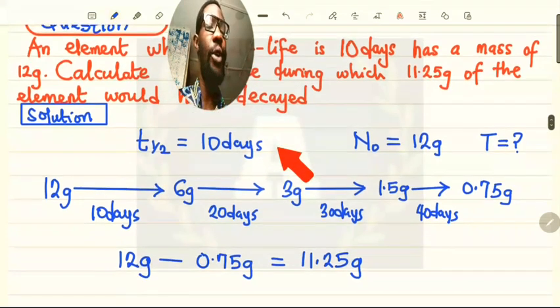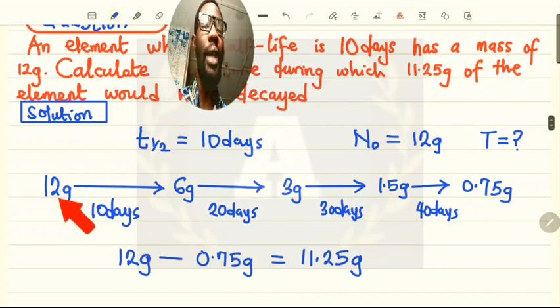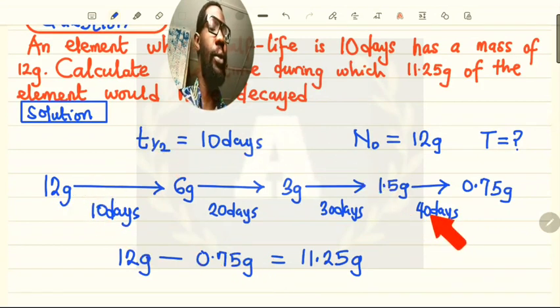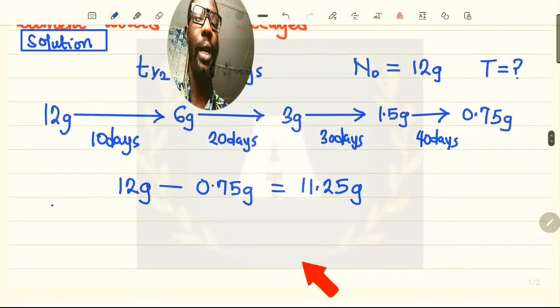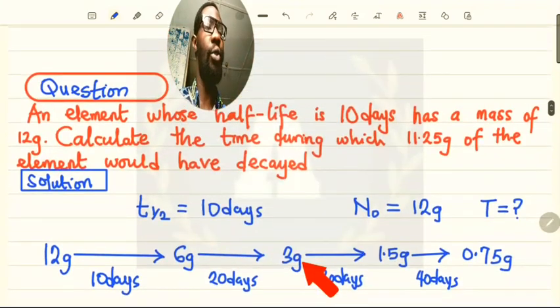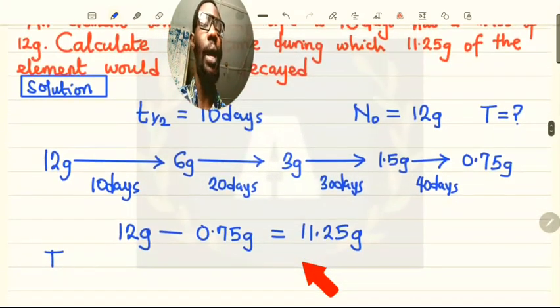So 11.25 gram has gone out of 12 gram in 40 days, and this is what remains. So the correct answer to that question, the time during which 11.25 gram has decayed, is 40 days.